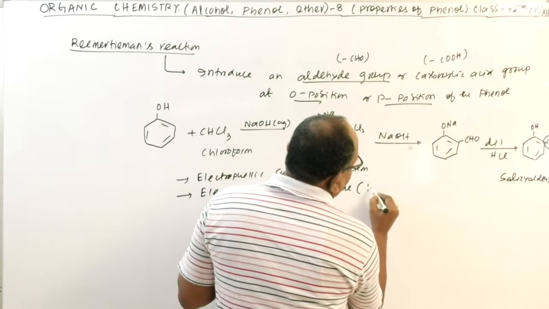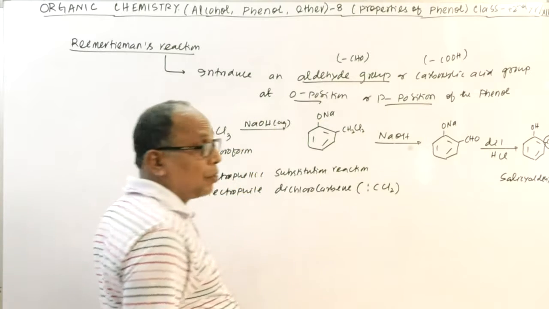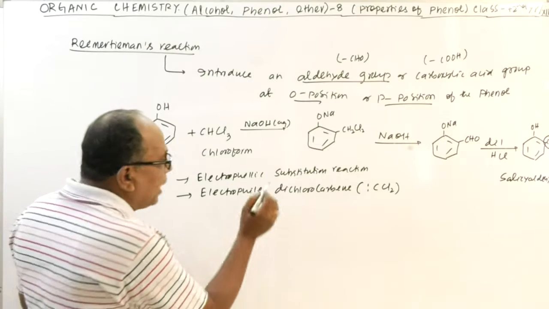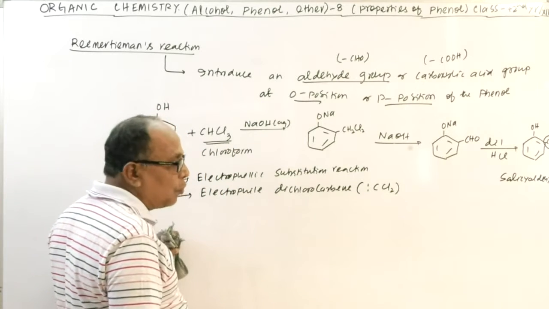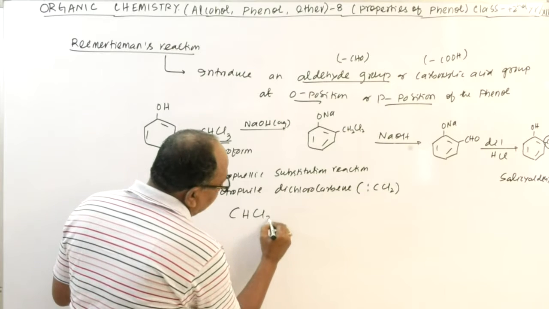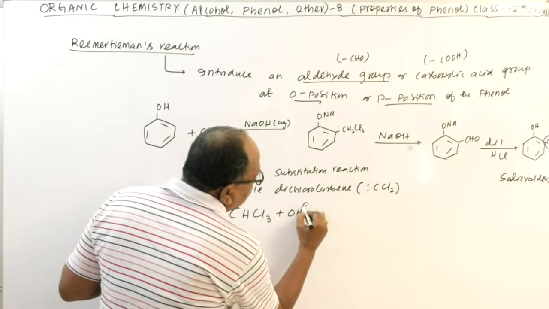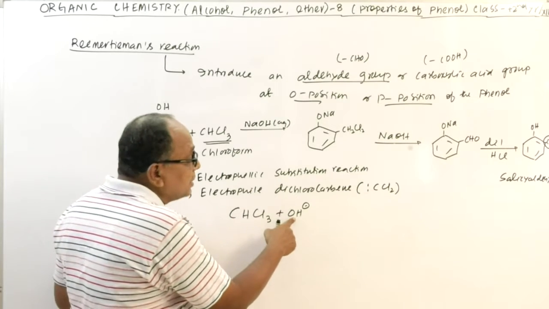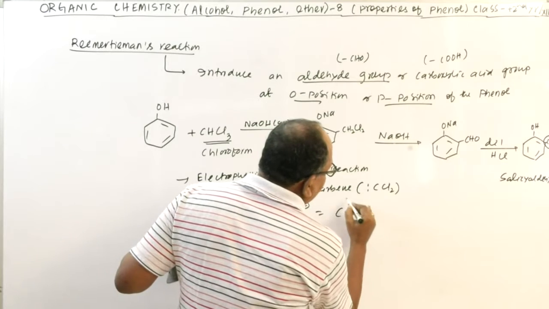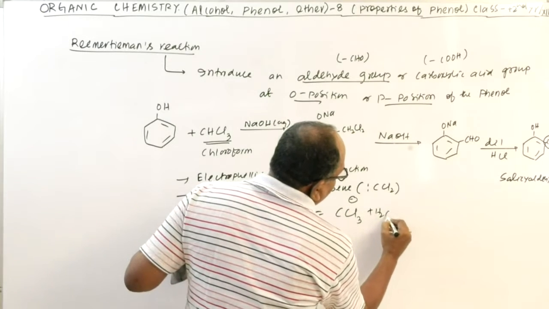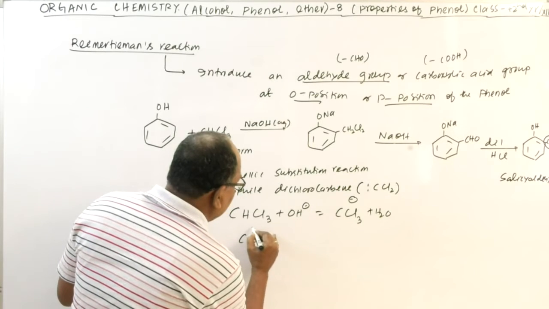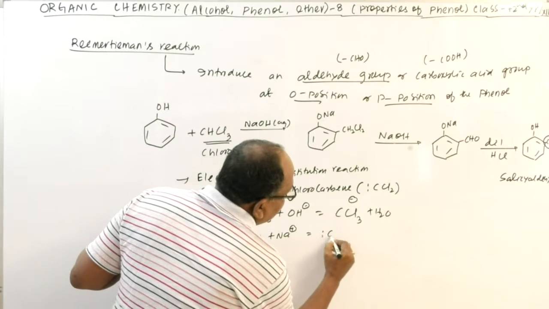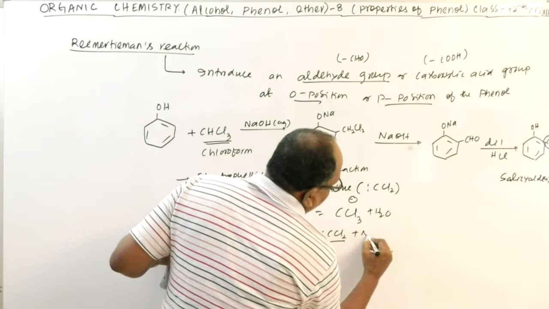What is this dichlorocarbene? CCl2 is known as dichlorocarbene. And how is this dichlorocarbene produced? It is produced from chloroform. Chloroform reacts with OH minus of sodium hydroxide; the hydrogen atom is acidic in nature and this is the base, so it will form CCl3 minus plus water. Now this CCl3 minus reacts with Na plus, and it gives you CCl2, that is dichlorocarbene, plus NaCl.